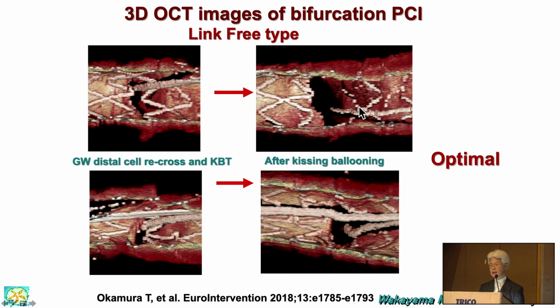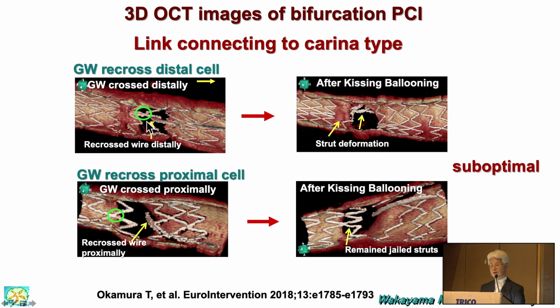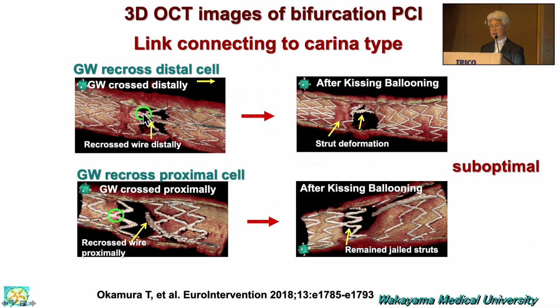This is one of the examples. If you could select the distal cell and did the KBT, right, an optimal result can be identified. But if you have a link here, even if you succeed to select the distal cell, after kissing balloon you can identify the deformity of the stent strut, and this is the worst condition, right?